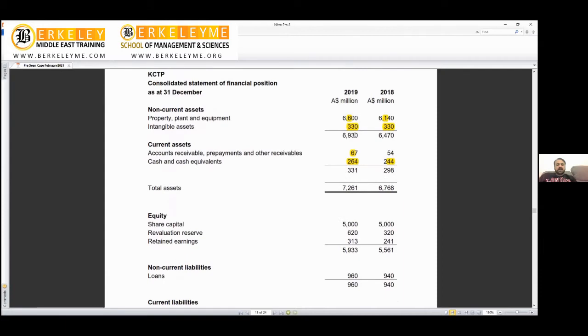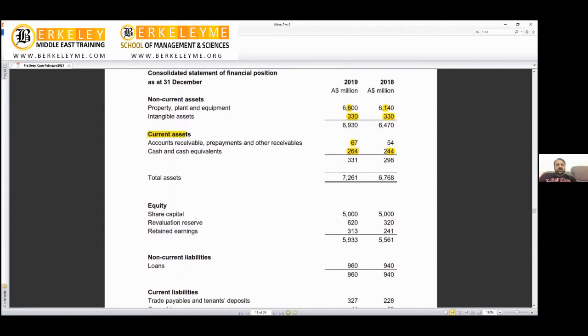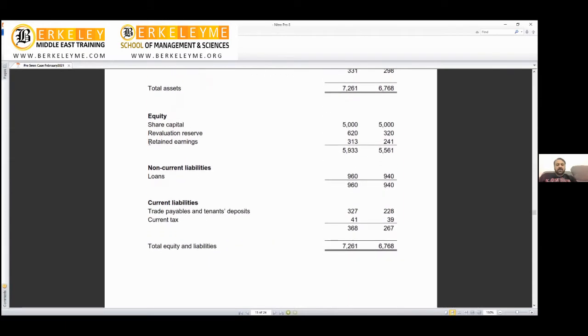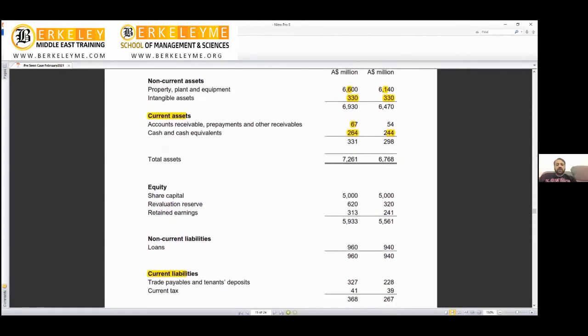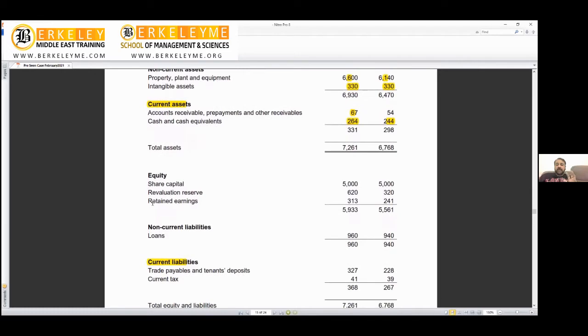So if I take the current assets and if I take the current liabilities here, I can calculate the liquidity. I can see the pattern that company is able to sustain in a short run, means ability to pay its short-term obligation.